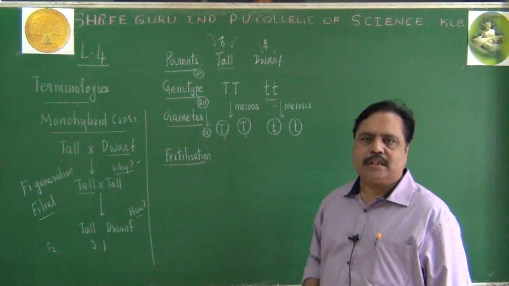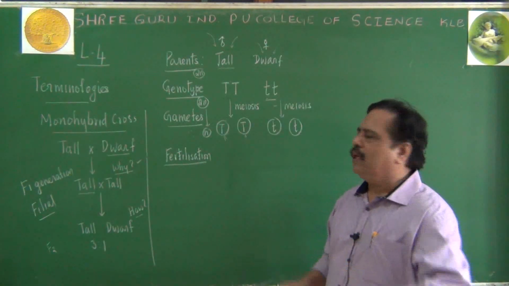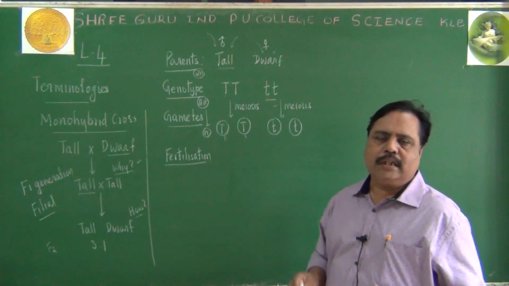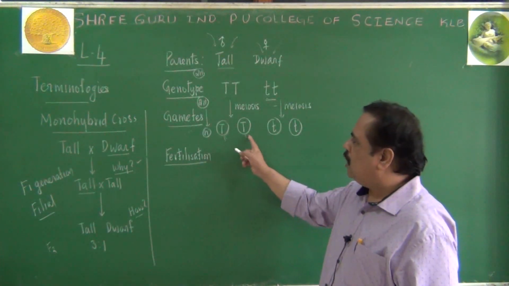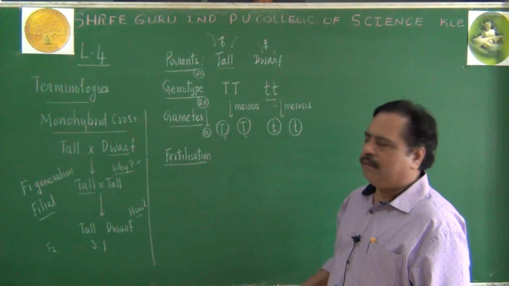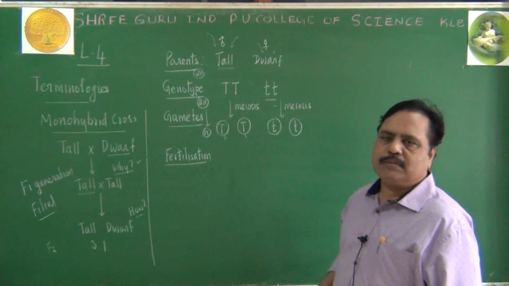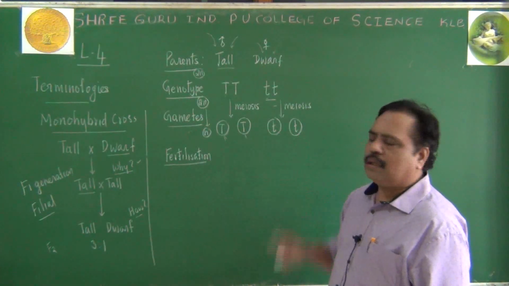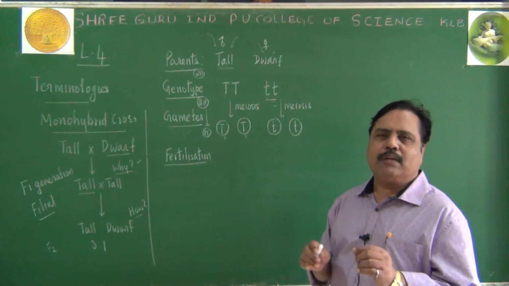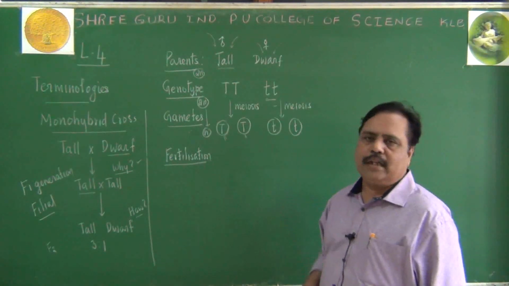What is fertilization? Fusion of male and female gametes is called fertilization. Remember, these two are male gametes with capital T. These two are female gametes with small t. So fusion of a male gamete with a female gamete to form a zygote is called fertilization.